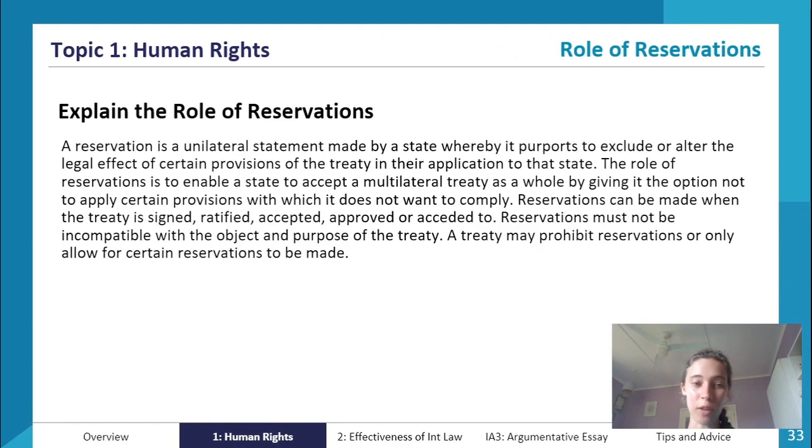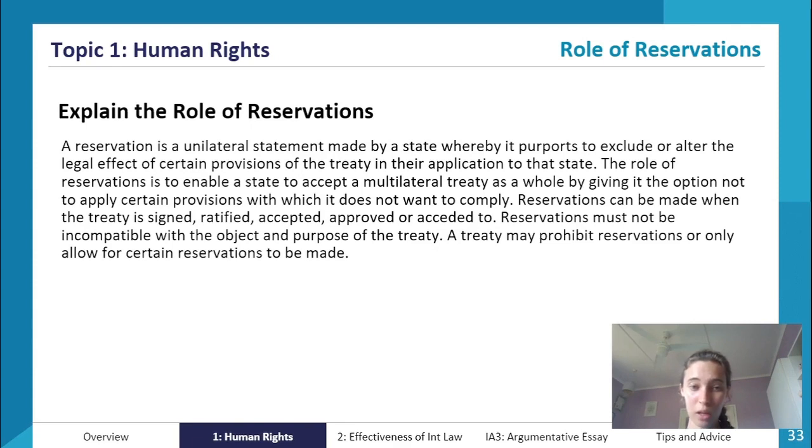So here is a full definition, in order to be able to explain the role of reservations. It is a unilateral statement made by a state where it's saying that it's going to exclude or alter the legal effect of certain provisions. The example I just gave you was excluding it, and it can also be altering it slightly.